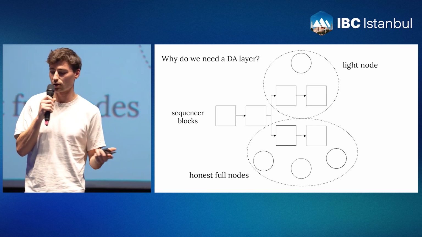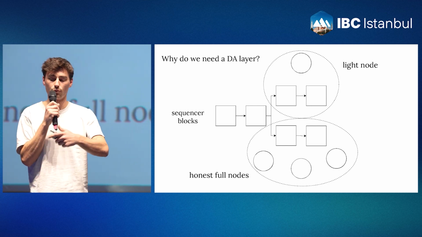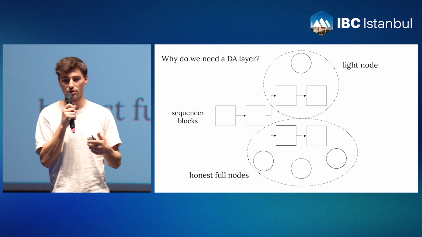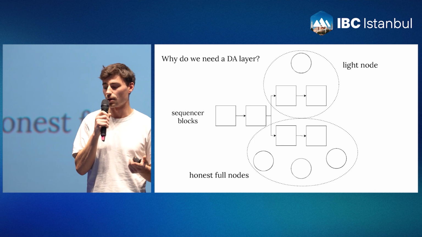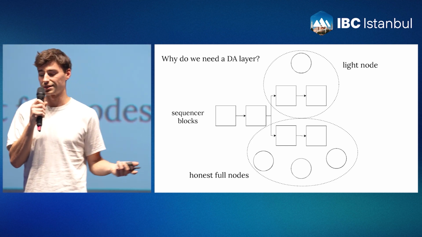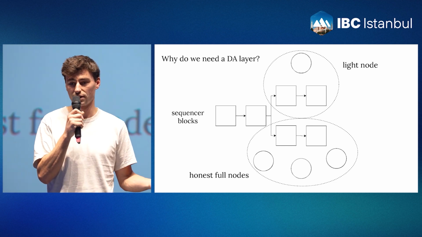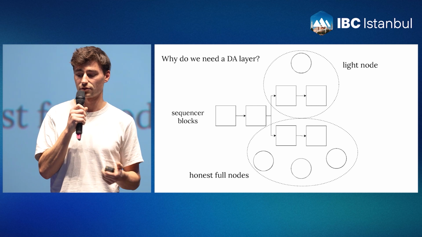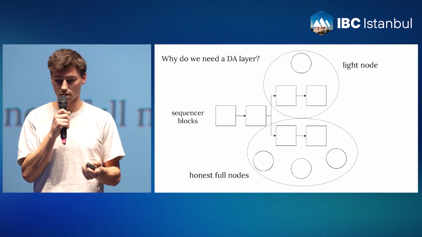In this case, imagine someone is producing blocks, and they produce a set of blocks, and then they give one to the light node, and the other set of blocks they give to the honest full nodes. And so now this light node, who maybe was relying on an optimistic fraud proof, is waiting for that to happen, but no one else has seen it. So no one else can provide that fraud proof. That light node then assumes that it's valid, even though it's not, and is fooled. So we need to have some sort of consensus that agrees on the canonical ordering of this.